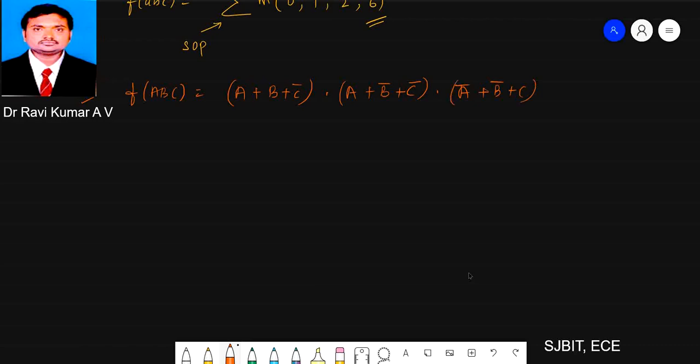Yes, first check that this expression is in the standard or canonical POS form. Yes, it is canonical POS form.